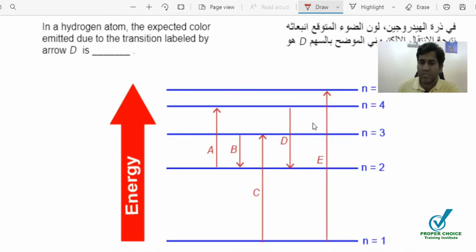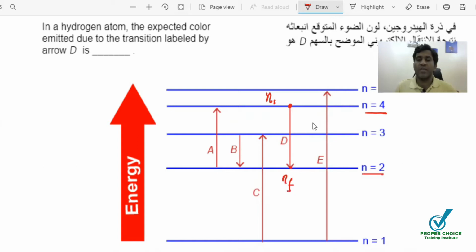With reference to this arrow D, I can say this is the higher energy level or the initial state of the electron. Let me represent it as Ni, and its value is going to be 4. And this is representing the final state of the electron, Nf, and its value is going to be 2.